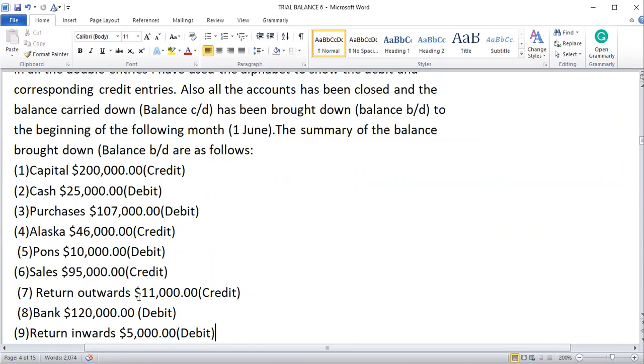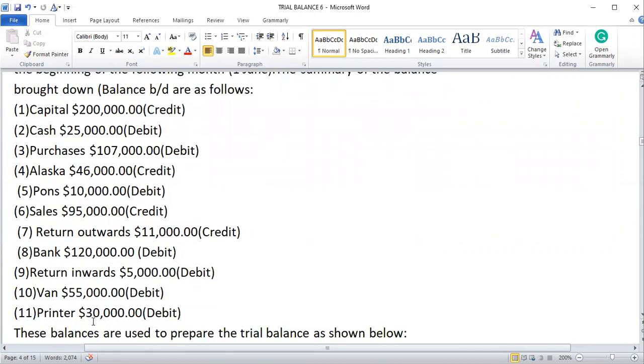Return outwards, $11,000 credit balance. Bank, $120,000 debit balance. Return inwards, $5,000 debit balance. The van, $55,000 debit balance. Then the printer, $30,000 debit balance. So after you've done all this summary, it is this particular summary that you use to prepare the trial balance.